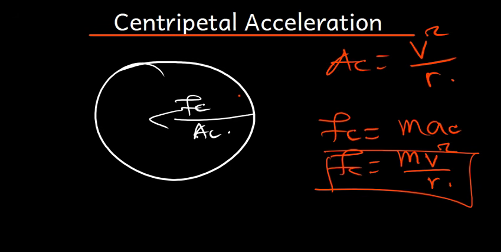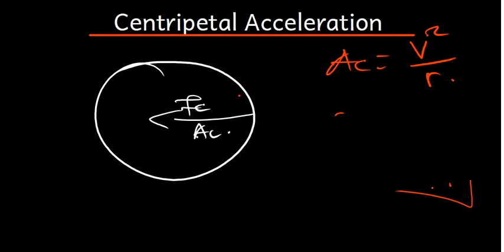Now we want to talk more about centripetal acceleration here. Centripetal acceleration is the acceleration which is going toward the center. But we do know that when we are talking about a linear motion, we only have one acceleration, which is tangential acceleration. Tangential acceleration is also known as linear acceleration.